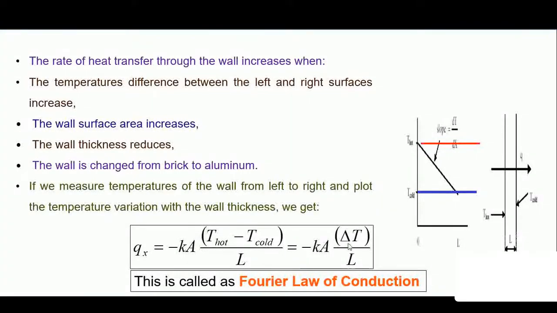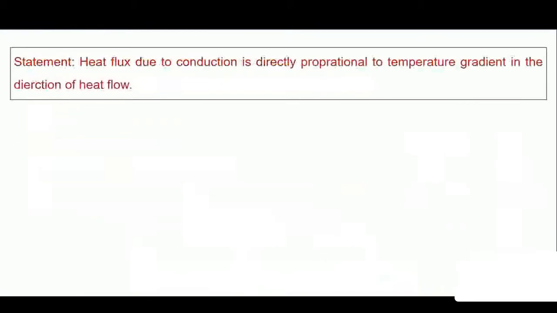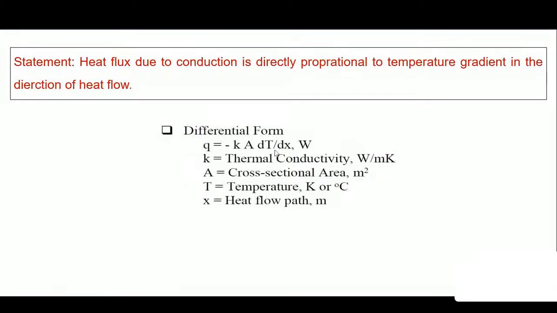So delta T will become dT, and L will become dx. That is the parameter which will represent the space coordinate of that system, or the thickness of the system in this case. And that entire term, delta T upon delta x, will become dT upon dx.